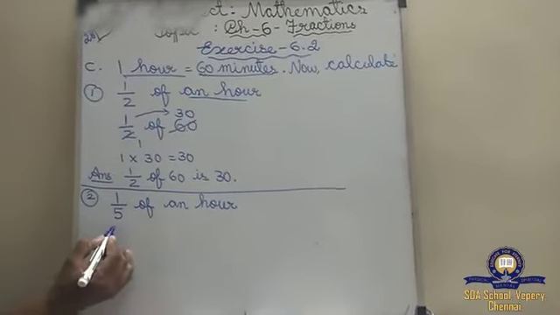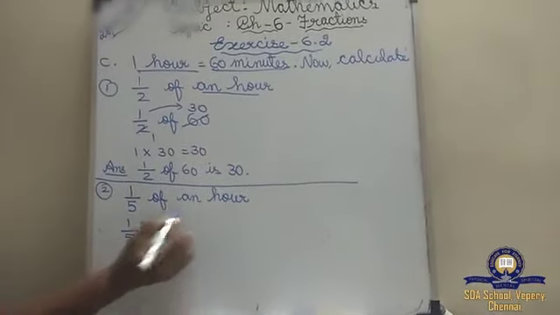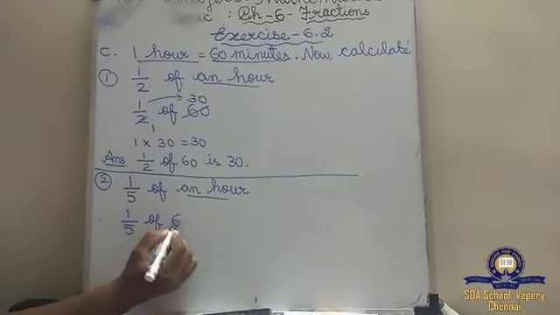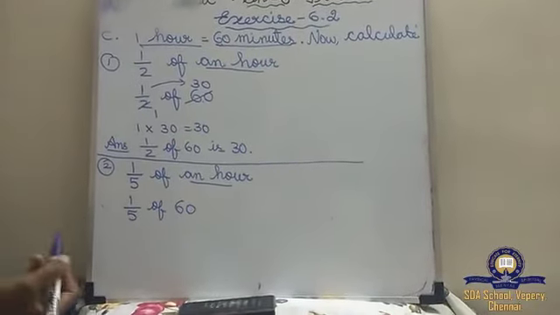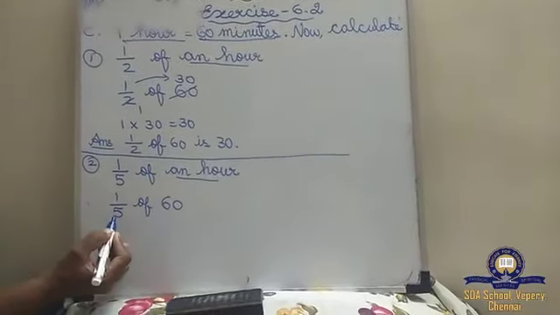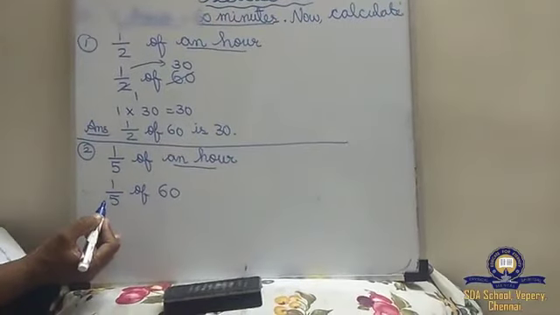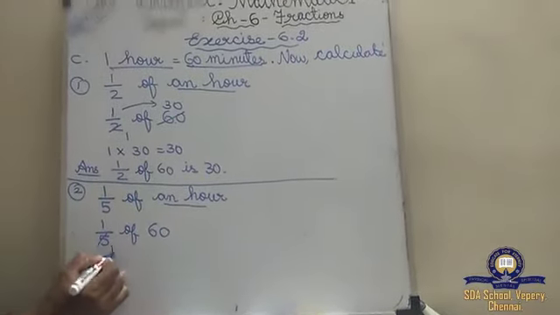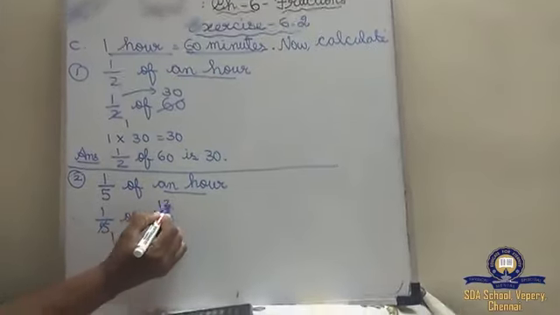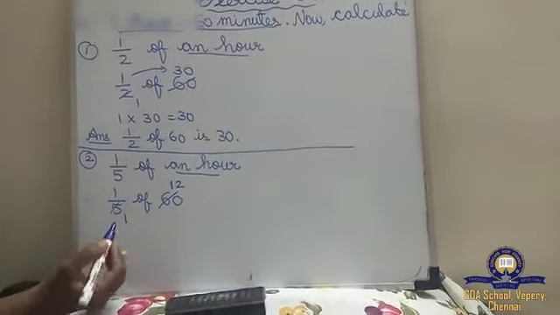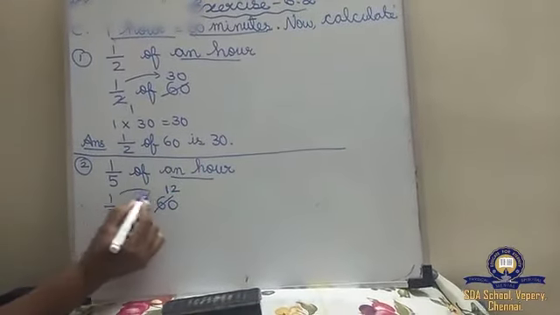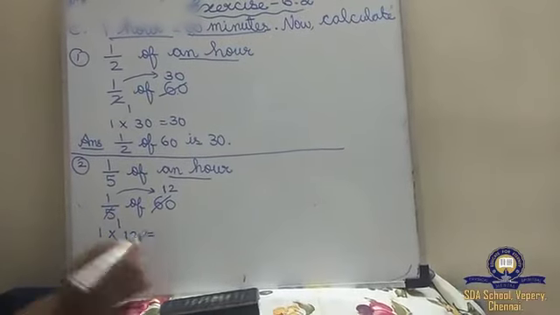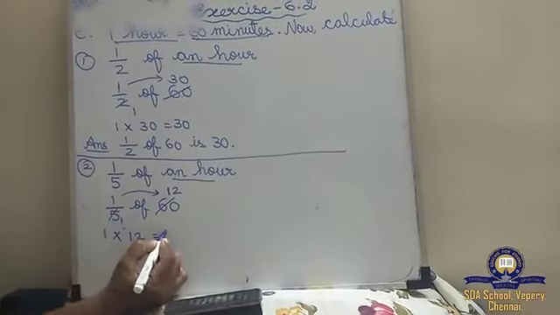So, again here, 1 by 5 of an hour means what, children? 60. Isn't it, children? So 60 goes in 5 tables, isn't it, children? It goes. So what will come? 12 5s are 60. So you have to multiply these two. 1 into 12, 1 12 is 12.